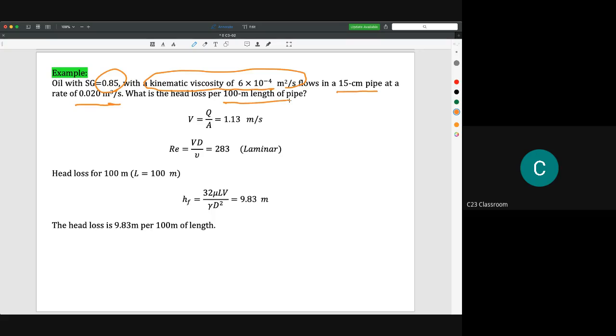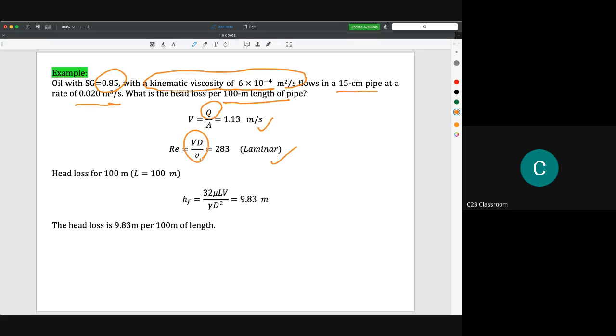So we calculate the velocity, and by using the flow rate here, we could get the velocity, which is 1.13 meter per second. And then we calculate the Reynolds number. We get it as laminar.